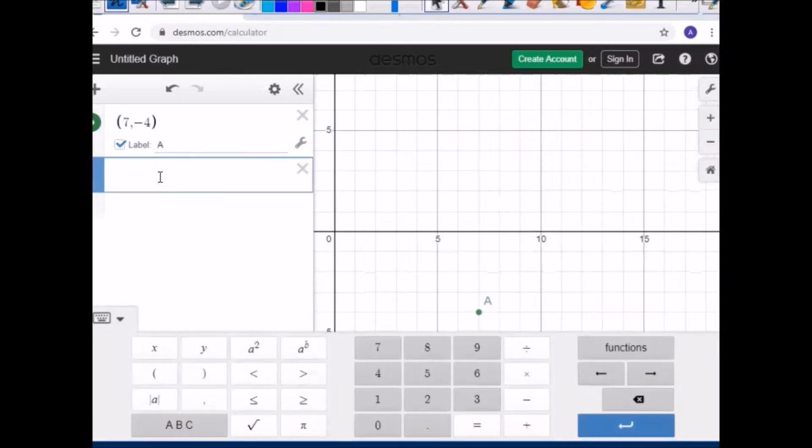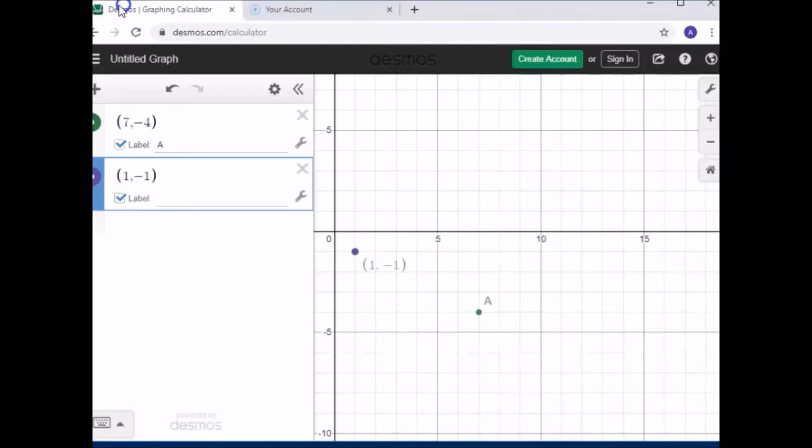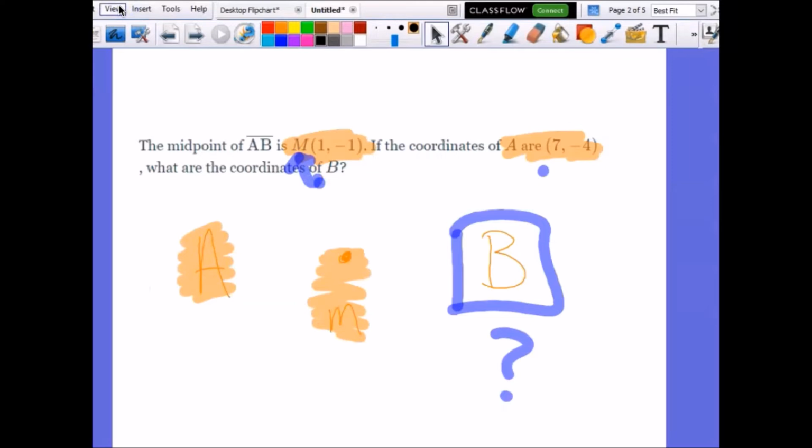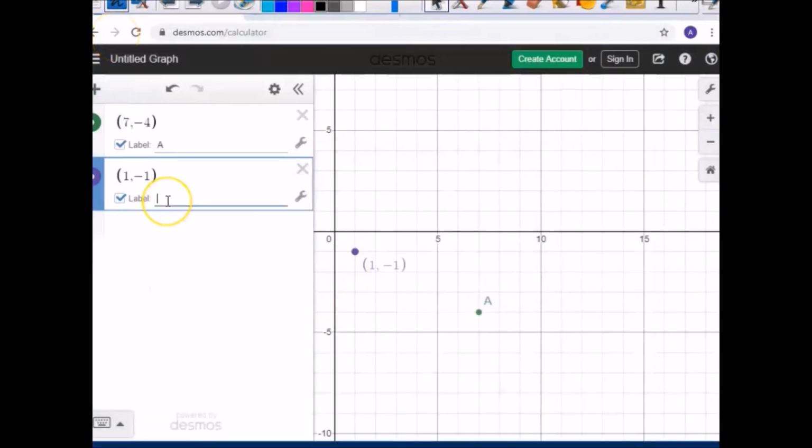All right. Now my midpoint, if I remember correctly, was (1, -1). Label it. And let's just go back and make sure (1, -1). Perfect. So I'm going to label that with my keyboard. How about M?